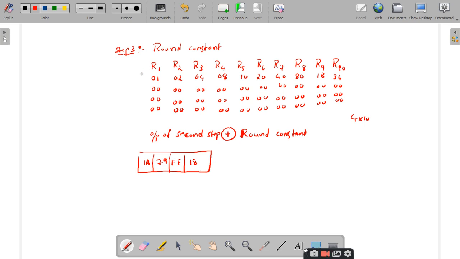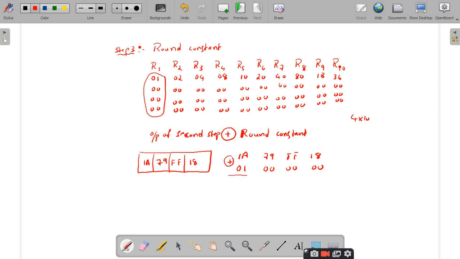So we are in round 1. So what is that column I have to take? I have to take this word only, right? So I have to perform an XOR operation on 79, FF and 18. So what is the round constant for the first round? It is 01 followed by all zeros. Am I right or not?